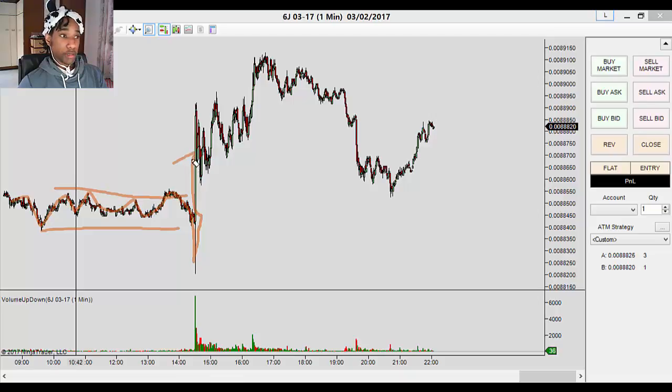Breakouts lead to trends. So you have a trend, higher highs, higher lows, right? Makes a higher high, higher low, then it makes a higher high. Trends lead to extremes. Extremes lead to backing and filling.